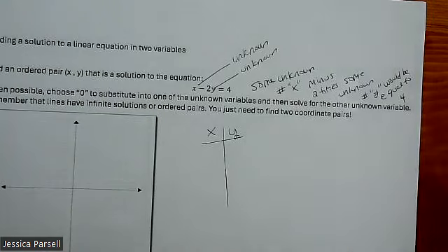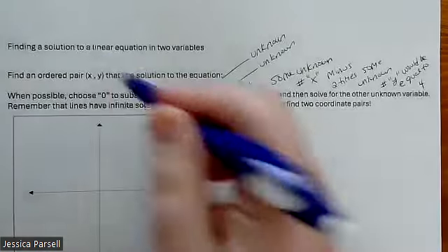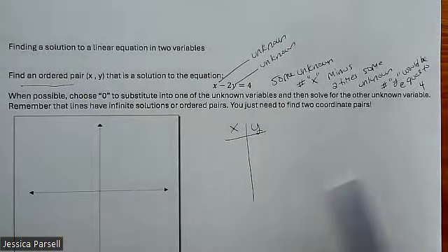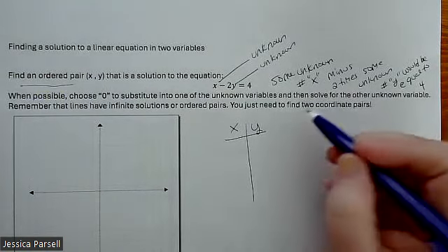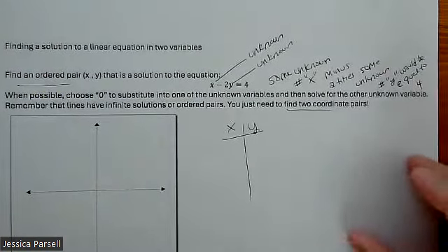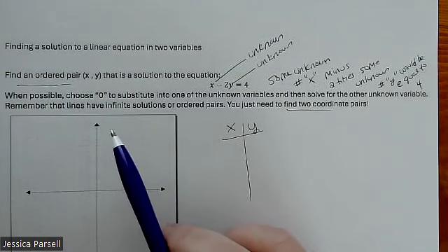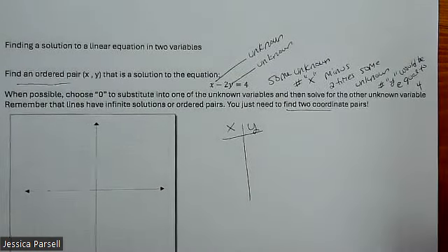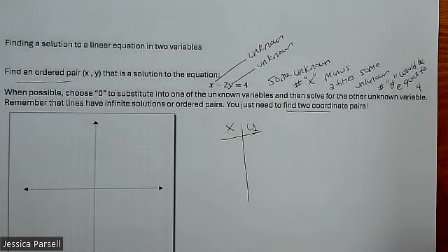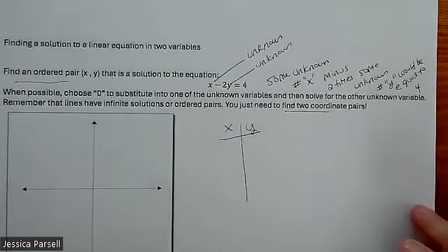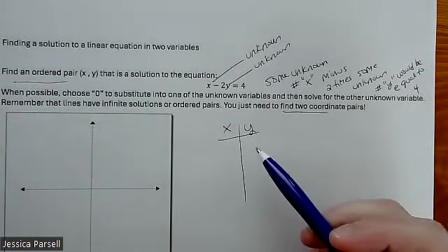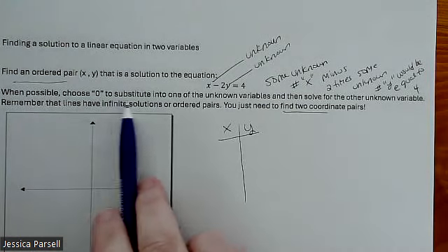At least they want us to find 1 ordered pair. If you want to draw a line, we would need 2 ordered pairs. So for this particular case, we're going to find 2. You only have to really find 1 for this particular question in ALEKS, but let's find 2. When possible, here's my hint, choose 0.